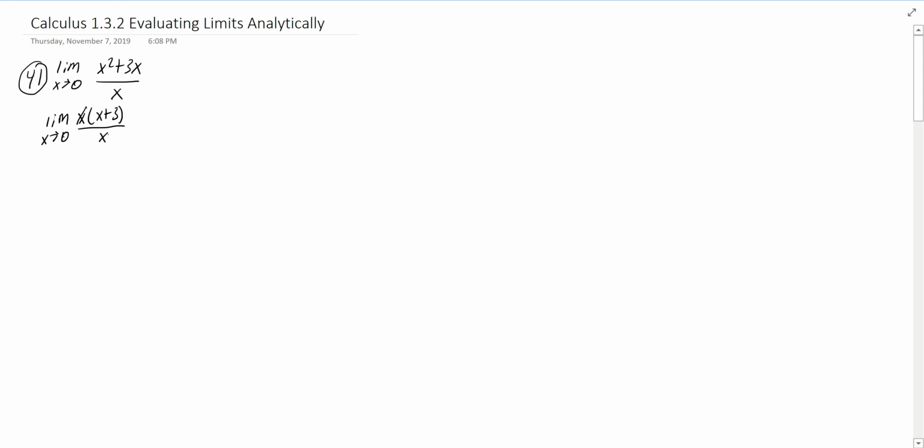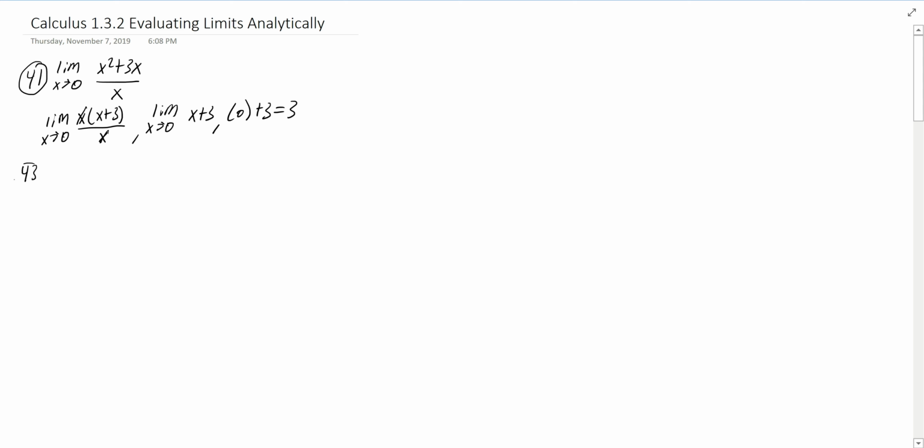So we can cancel these out, and we end up getting the limit as x goes to 0 of x plus 3. And at this stage we can just do direct substitution, and we get 0 plus 3 equals 3. So there we go, that's the first problem complete. And this gives a brief glimpse at what we're going to try and do. We're always going to try and simplify the problem down to the point that we can use direct substitution.